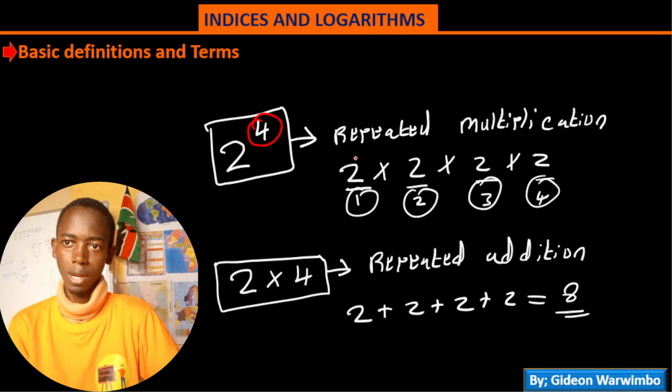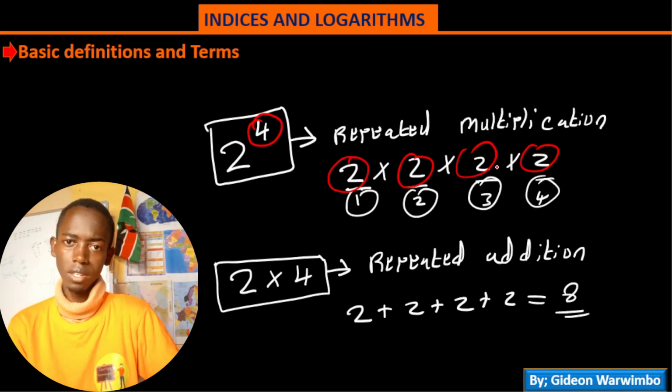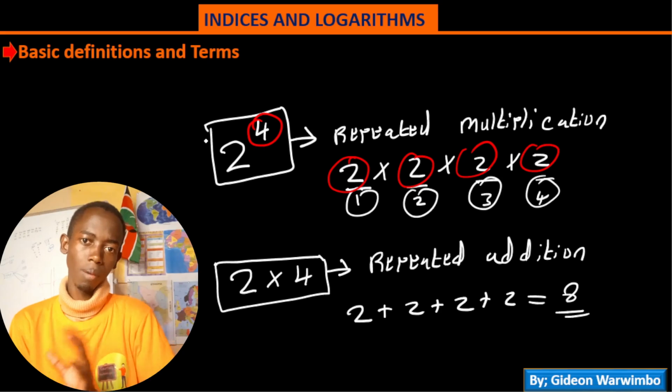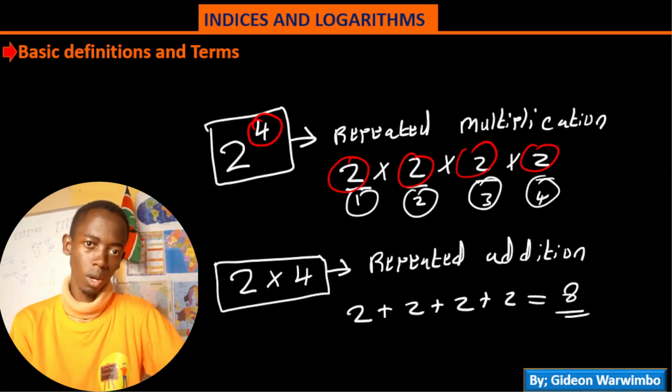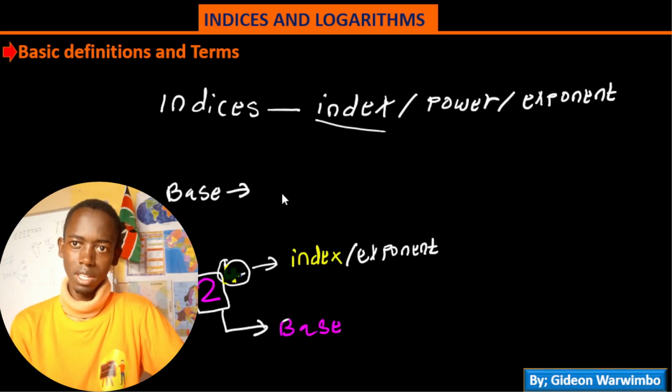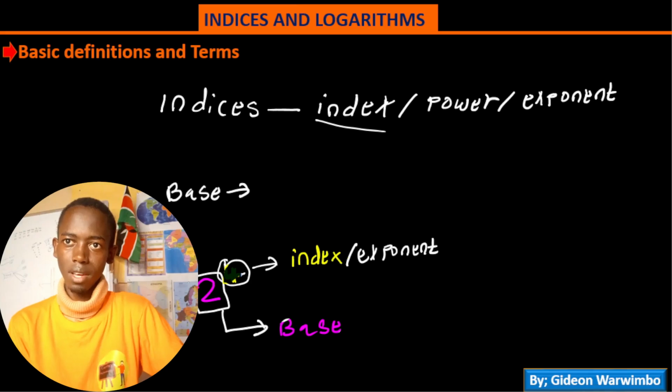Therefore, we have to multiply that 4 times. So that is the logic under which indices work, and that is something that we are going to play around with all along this time. So let's get back to where we were. We were right here, getting to understand the index and also the base.